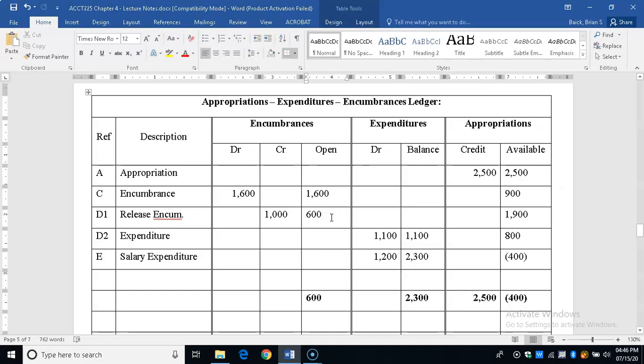If you put $1,000 back in the big pot, how much is available now? You can see we have 1,900. $900 was available before. You release 1,000, so 900 plus 1,000 is 1,900.